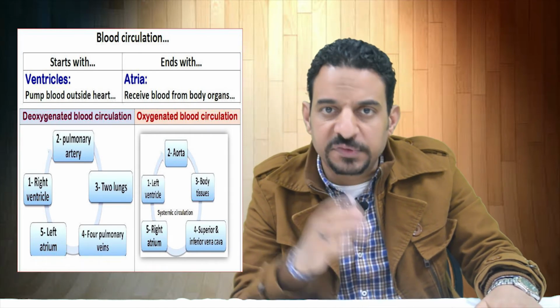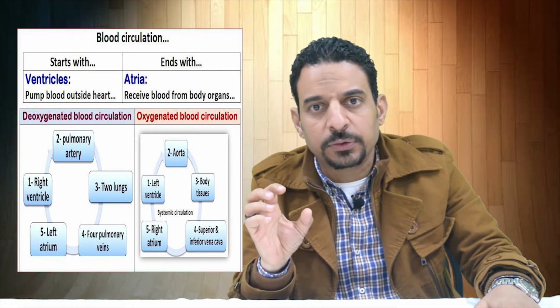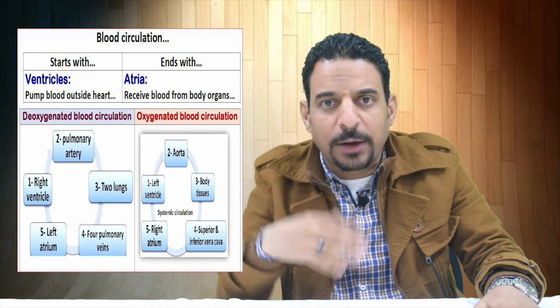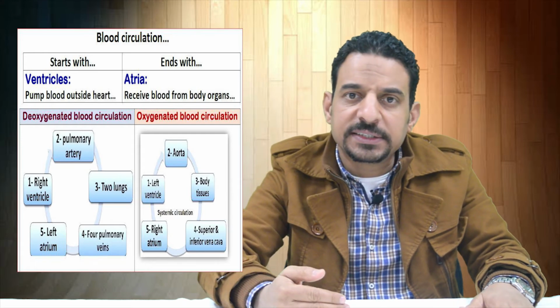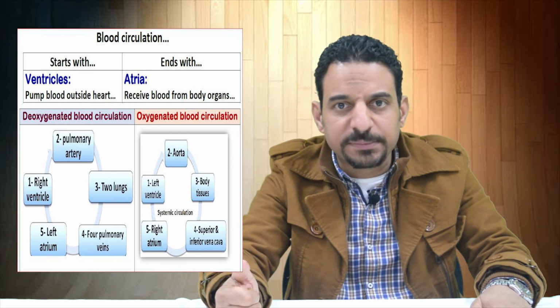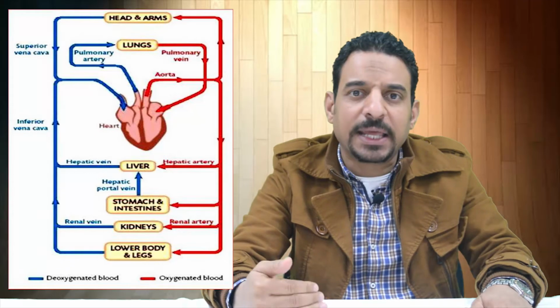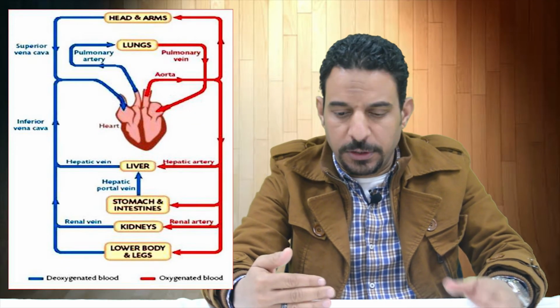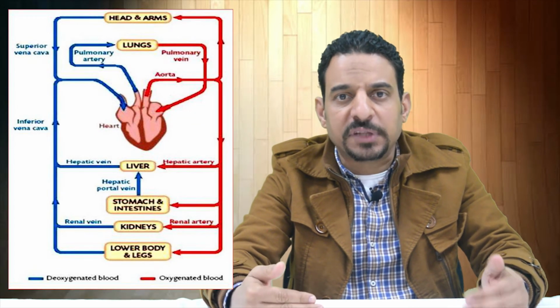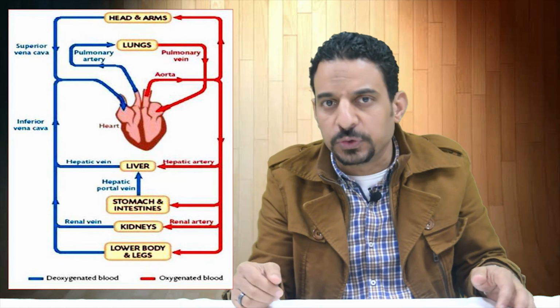It starts from the left side, from the left ventricle, that contracts, pushing oxygenated blood outside heart. During that, there are two valves. The first one, mitral or bicuspid valve, that closes to prevent backflow of blood, and the aortic valve, which opens, allows aorta to carry oxygenated blood to all body organs.